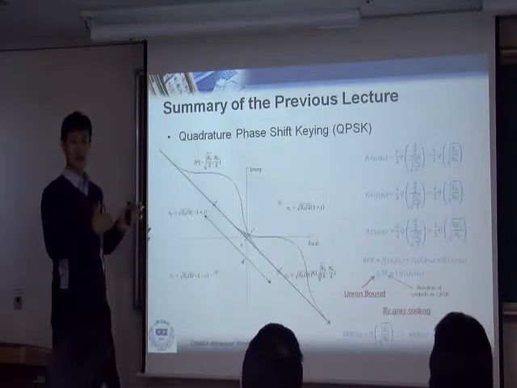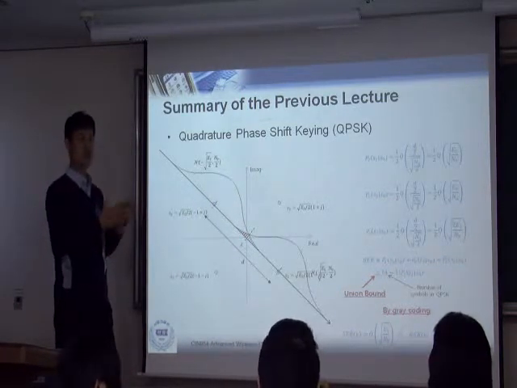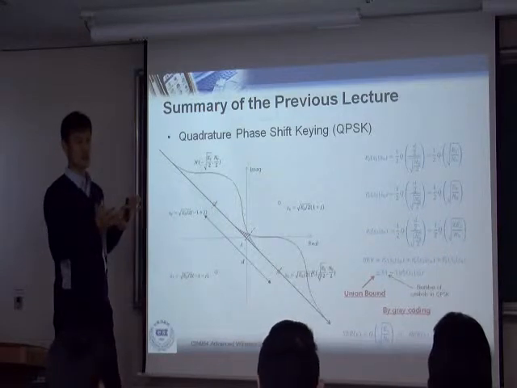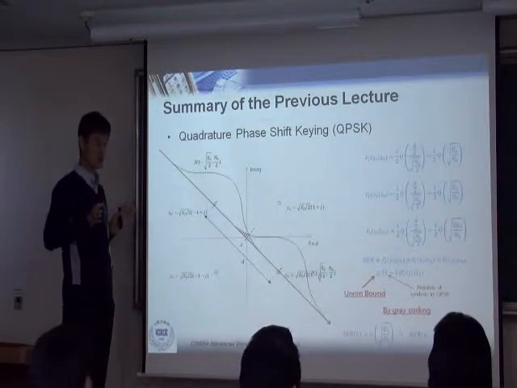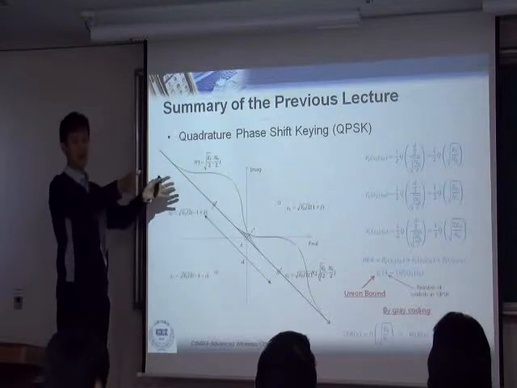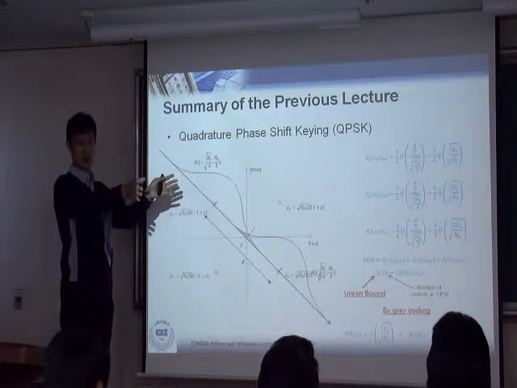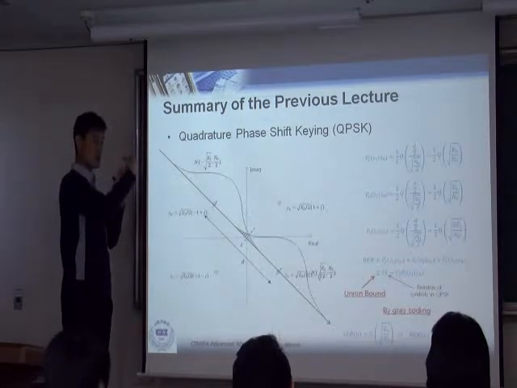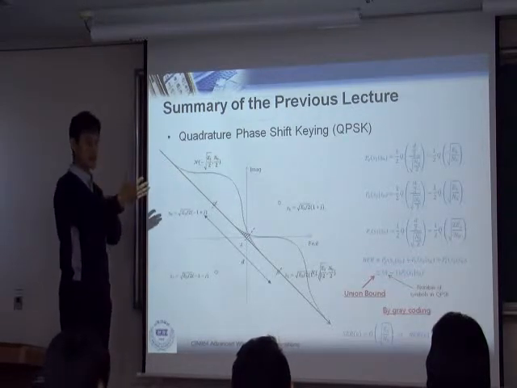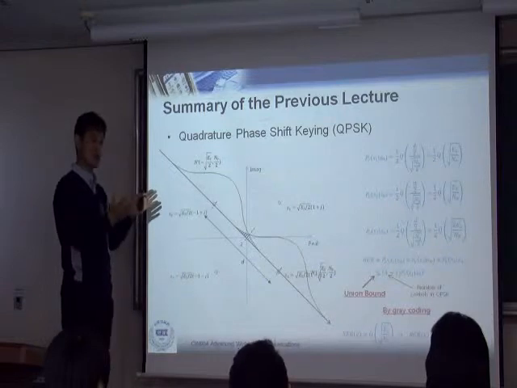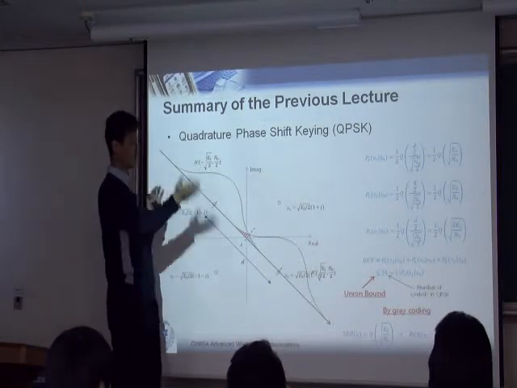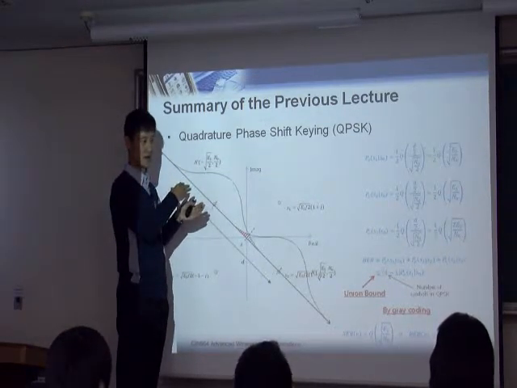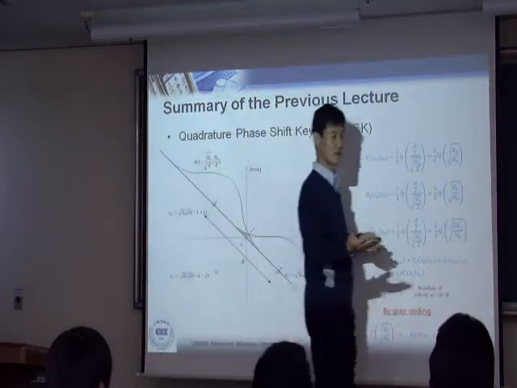And you know cosine and sine are orthogonal, so they do not interfere with each other. So it's exactly the same as using two independent BPSK. Therefore, the error rate of one BPSK and the other BPSK, in the average sense, should be the same. If you take the average, the total BER should be the same as the BER of the BPSK.